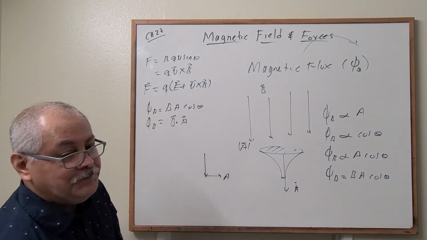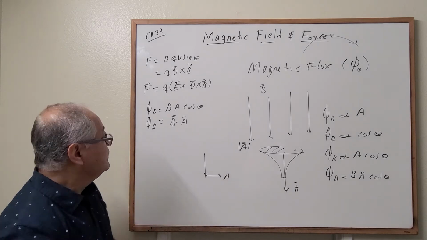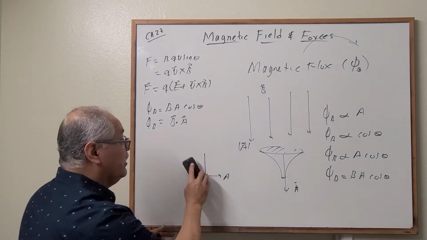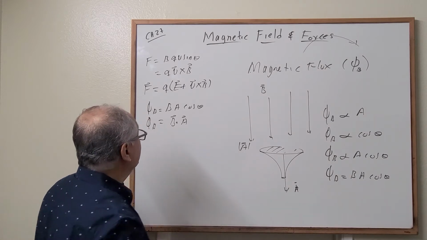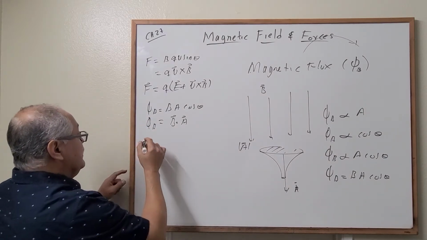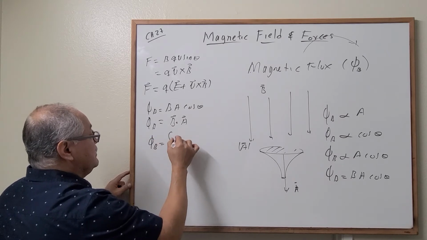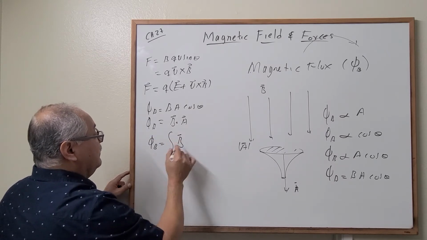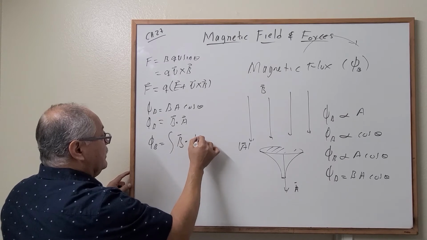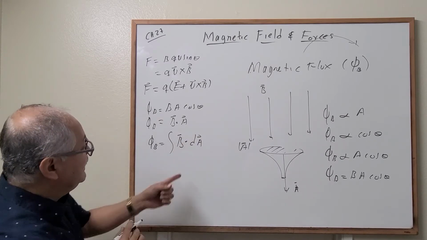Perfect. Also we can use integrals, the same thing as we did for charges. We can find the magnetic flux using the integral of the magnetic field B dot the element of area.